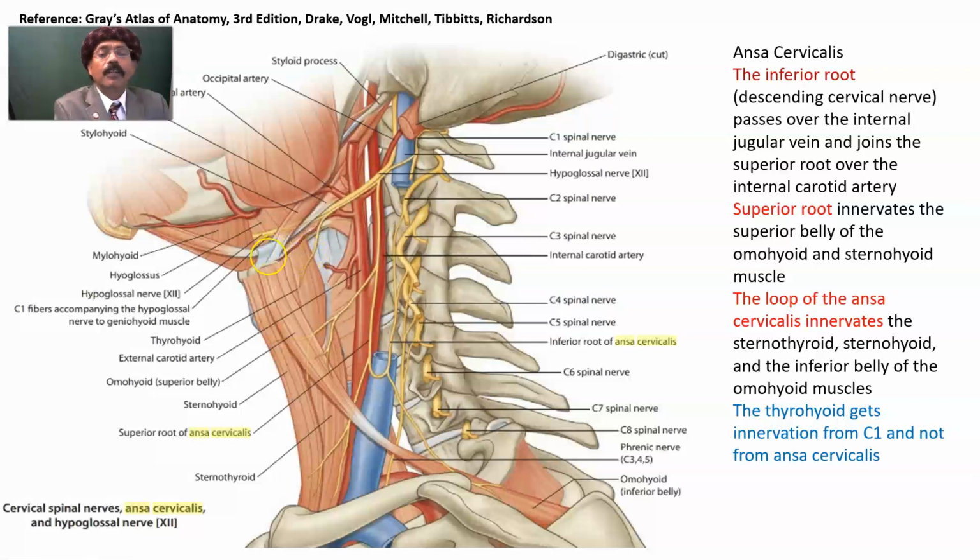So the thyrohyoid is getting innervation from C1. Also the geniohyoid muscle, another muscle not shown here, is also getting innervation from C1. So we have the muscles innervated by the Ansa cervicalis.